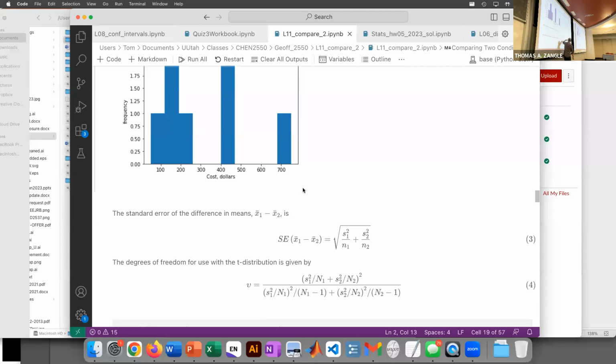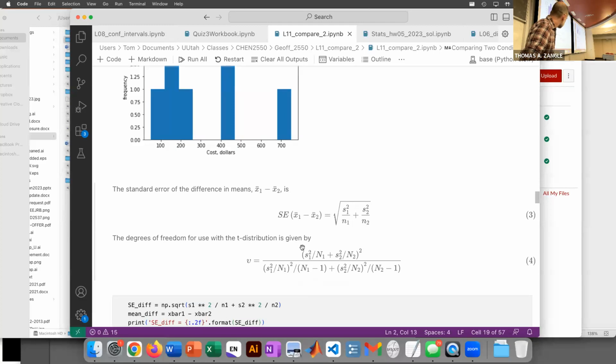It's the square root of standard deviation 1 squared over n1 plus standard deviation 2 squared over n2. So we're more or less adding the variances, normalized by n, and taking the square root.